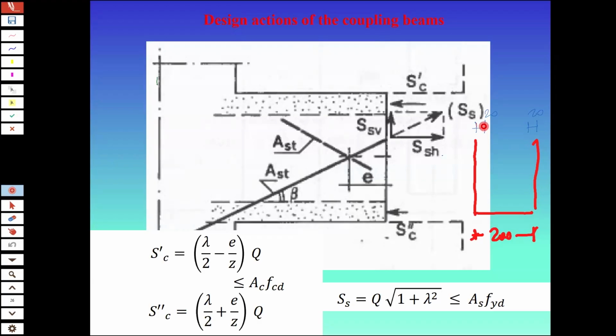So if you have to provide this, it means that you will have here, for example, a bar like this and a bar like this. And those bars are 8, 10 millimeter diameter.